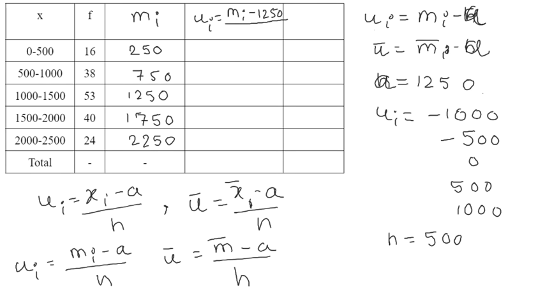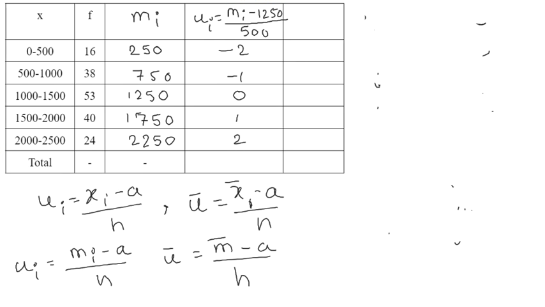I have taken h is equal to 500 in order to simplify the calculation. So if you find this column, then you will get the answer. So we have found the value of all ui's.